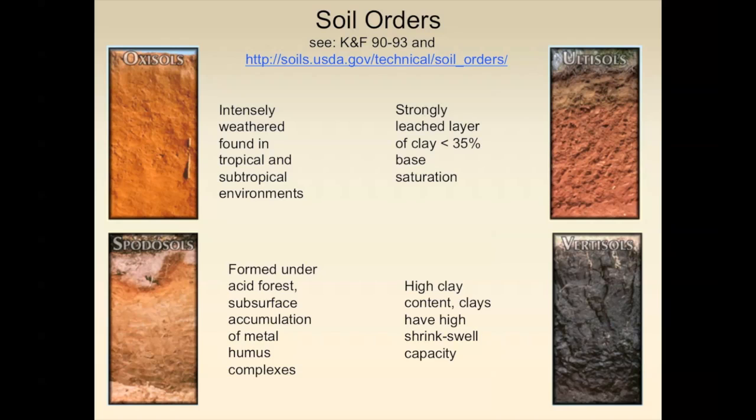Spodosols are kind of odd soils, and they're formed usually under acidic forests, in sandy dune swale kinds of areas. You'll find spodosols down in Charleston, and what happens is that you have a very thin A horizon.